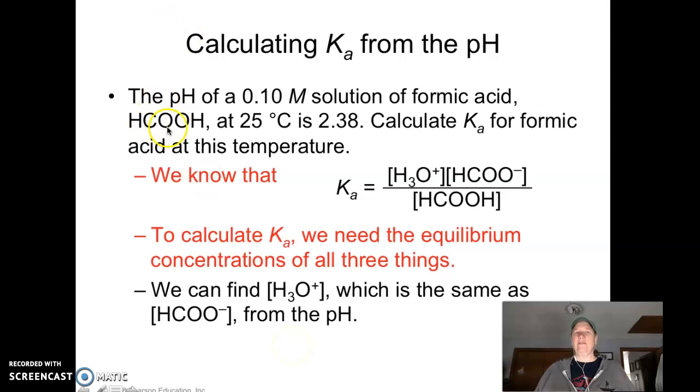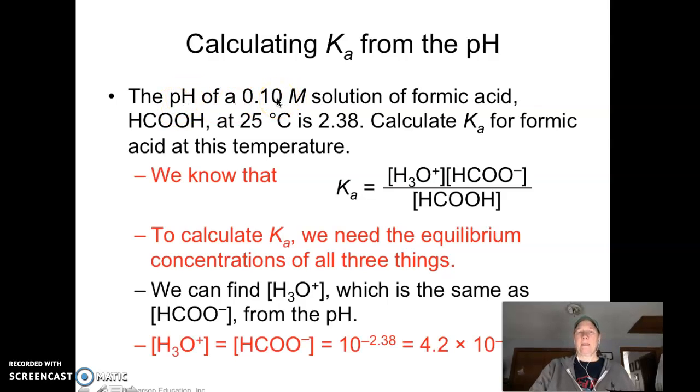So here we have the concentration for the pH. We know the H3O concentrations equal each other. So we take 10 to the negative of this number right here, 2.38, which is the pH.